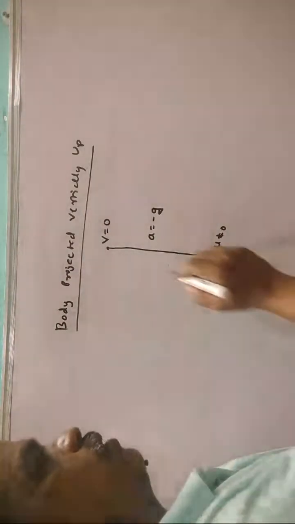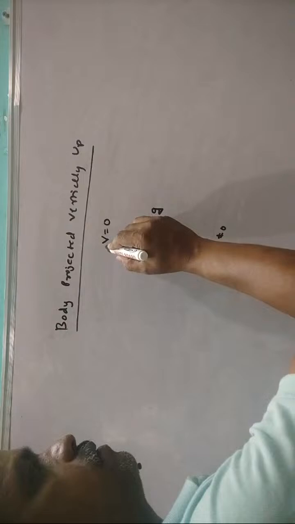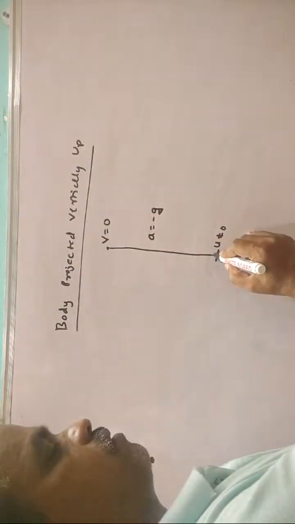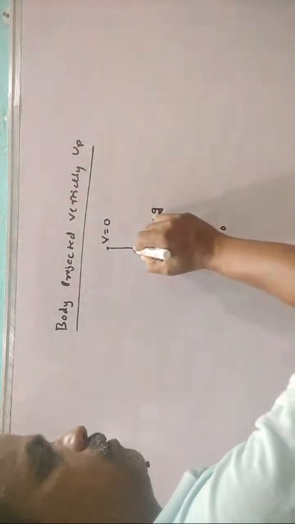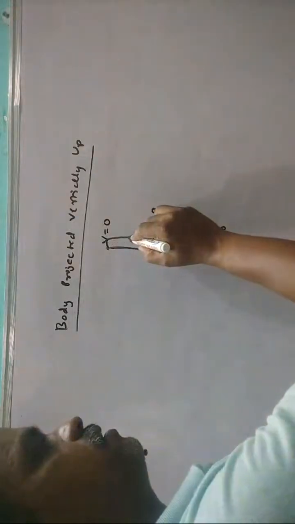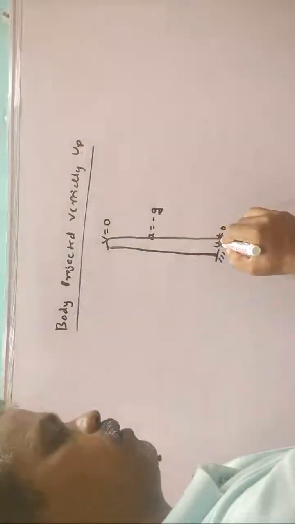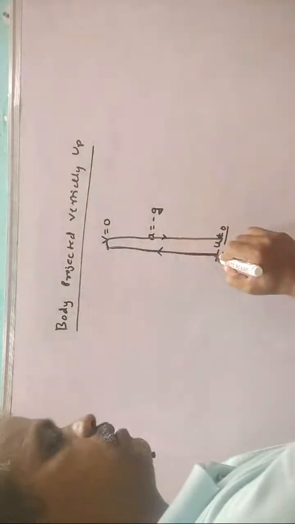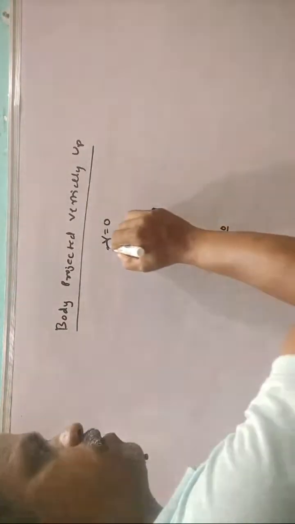So my question is, the body starts with non-zero velocity. After reaching maximum height, it comes back to the ground. So what happens up to reaching maximum height?